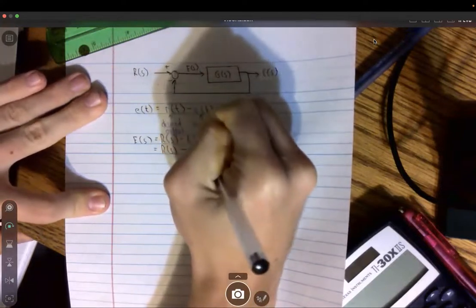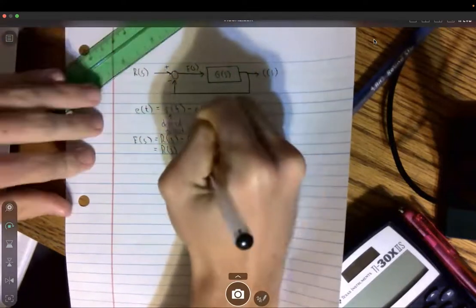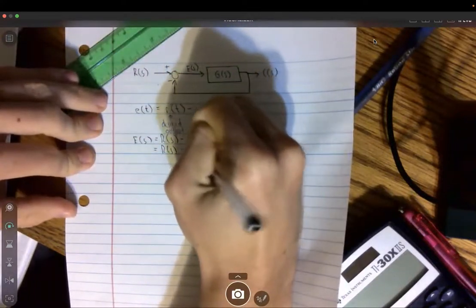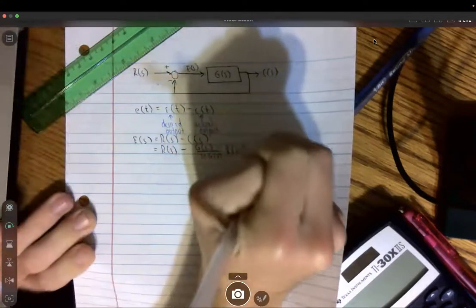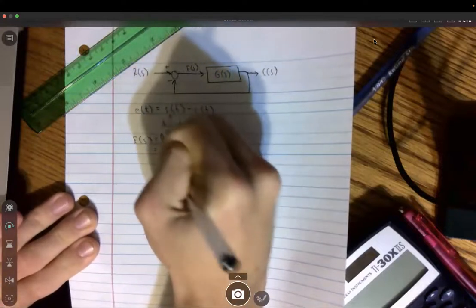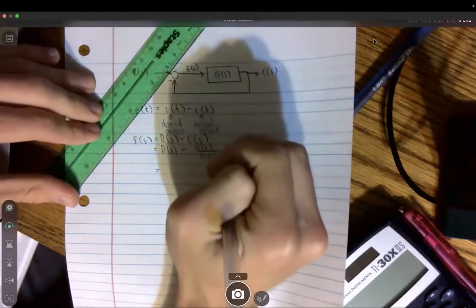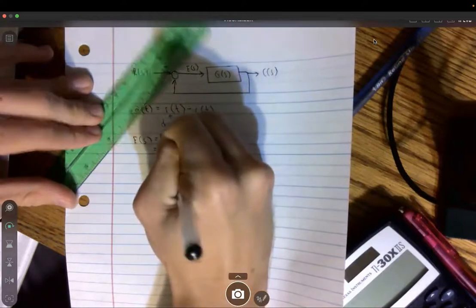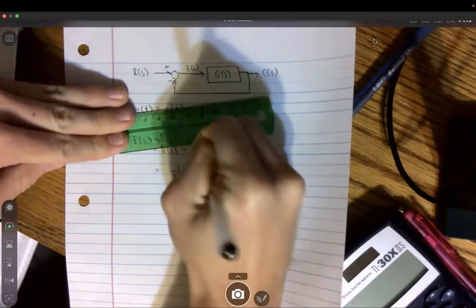And so when we do the transfer function for this, remember, the transfer function of a closed loop system with feedback is going to be G of S over 1 plus G of S times our R of S. And so we can say for this one that our error, when you do the subtraction of the two, you're just going to get 1 over 1 plus G of S times R of S.